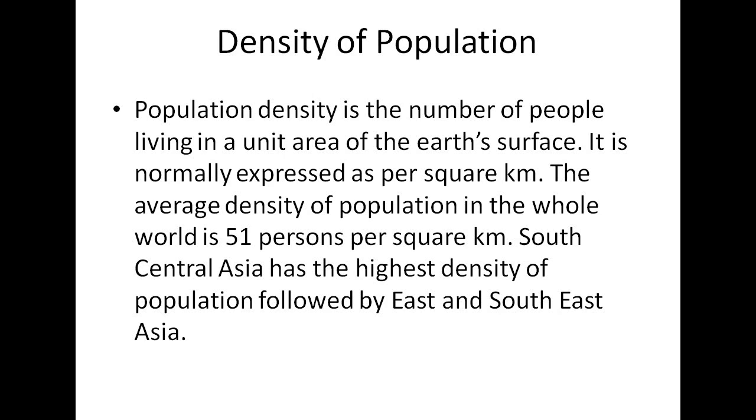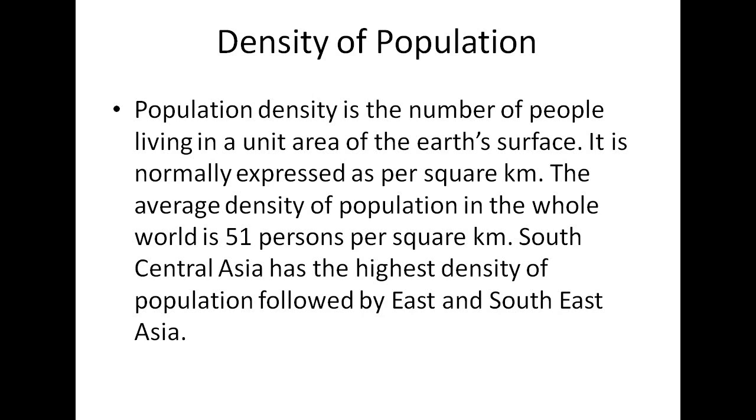The average density of population in the whole world is 51 persons per square kilometer. South Central Asia has the highest density of population, followed by East and Southeast Asia.